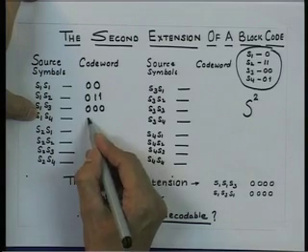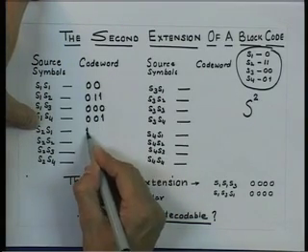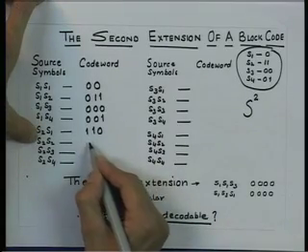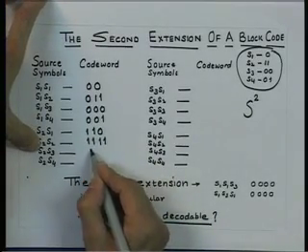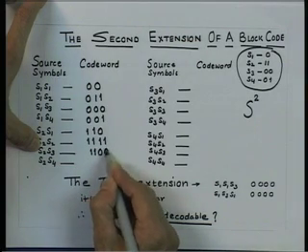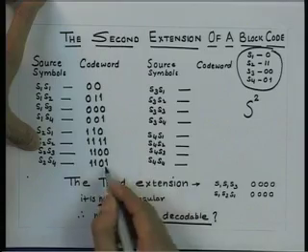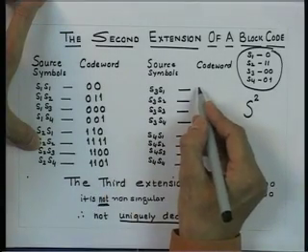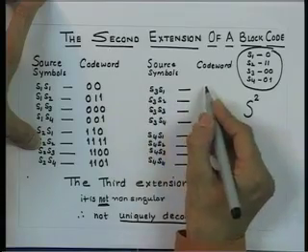Concatenations of the respective code words give us the code word for the extension.